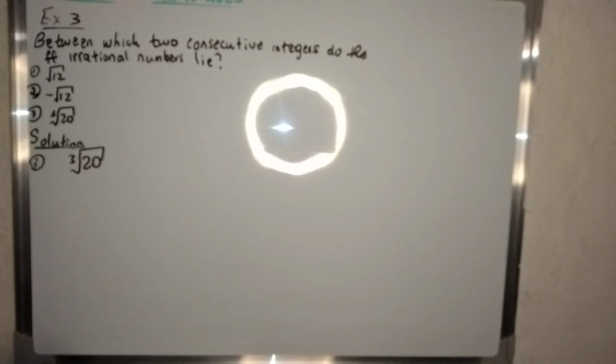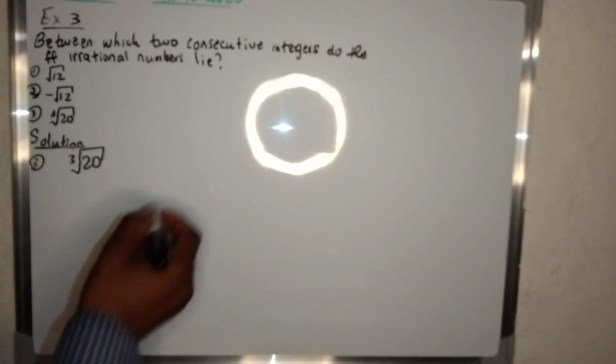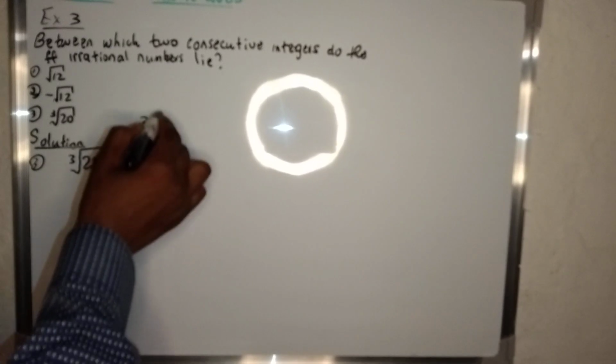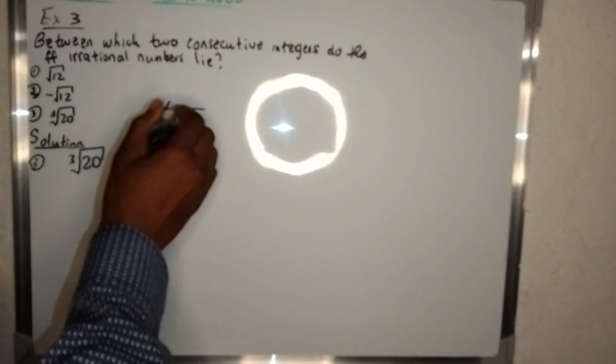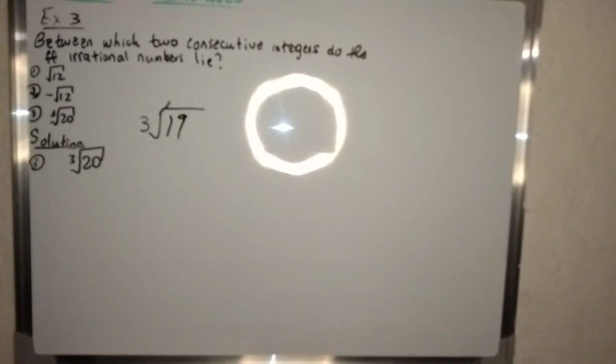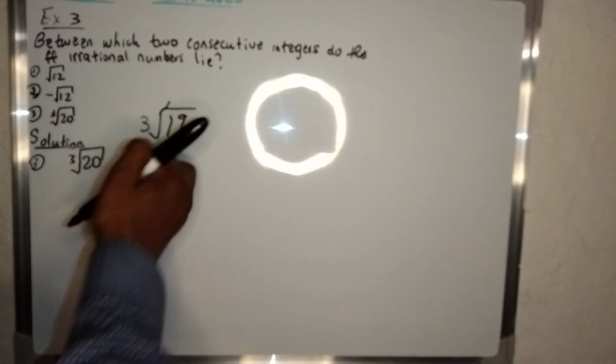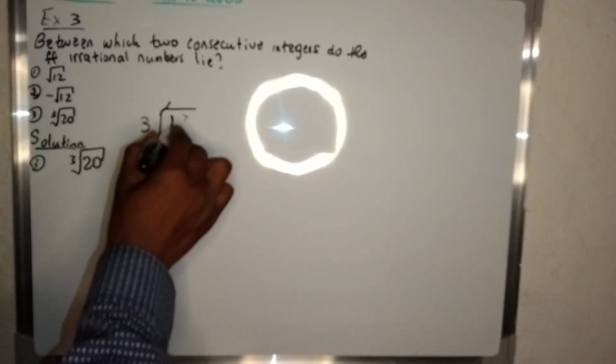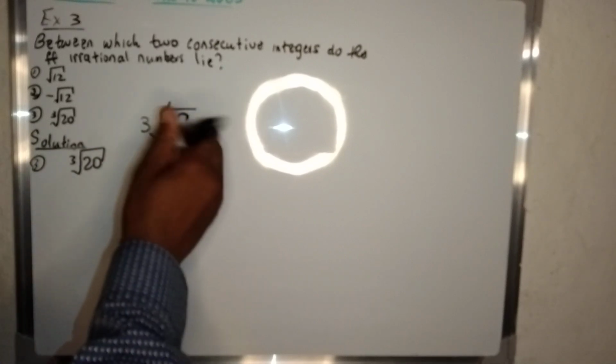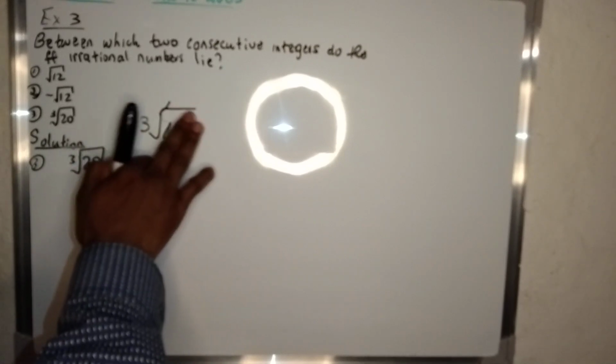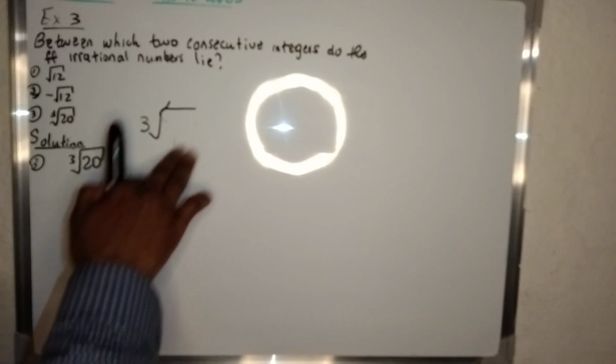For example, after 20 there is 19, but the cube root of 19 cannot give you a whole number. Instead, it's going to give you a decimal number. So then you check 18, and 17, 16, 12, and so on.